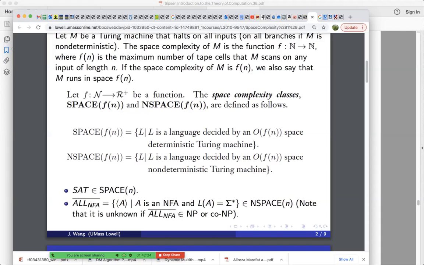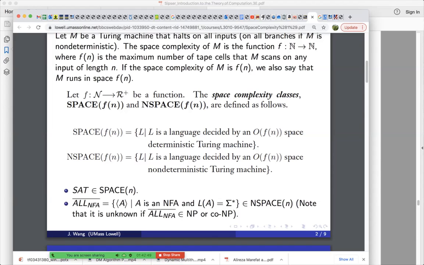The complement of this means that L of A is not sigma star. That means that there are some strings that are not accepted by A.